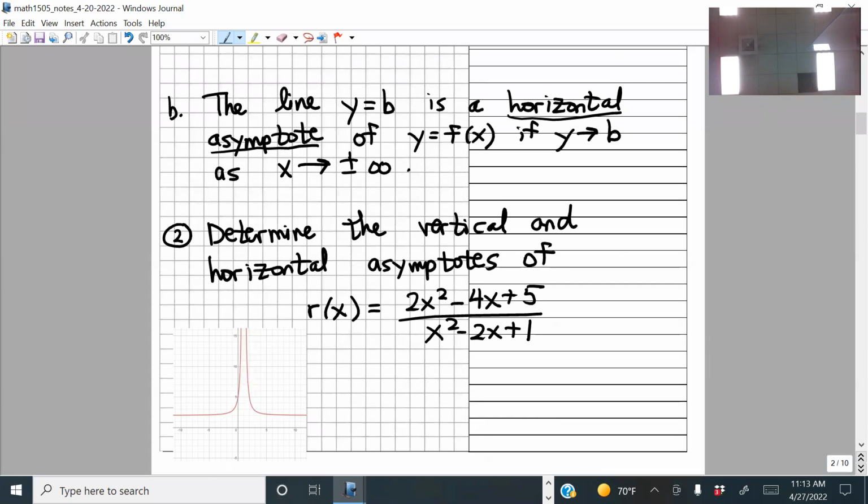Except the vertical asymptotes you can discover already with just pencil and paper, because you know the vertical asymptotes are going to occur at numbers that are not in the domain. So how do you find numbers not in the domain? Set the denominator to 0. So we can find the vertical asymptotes just by setting the denominator to 0.